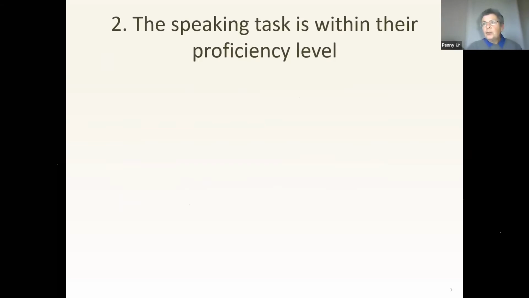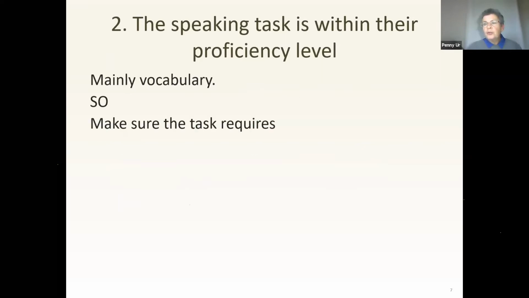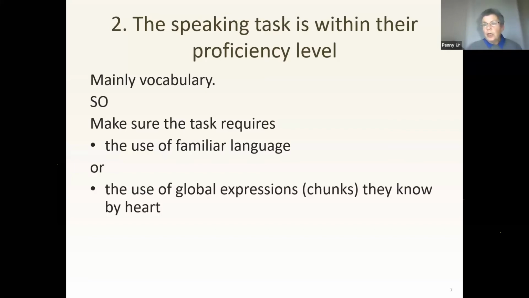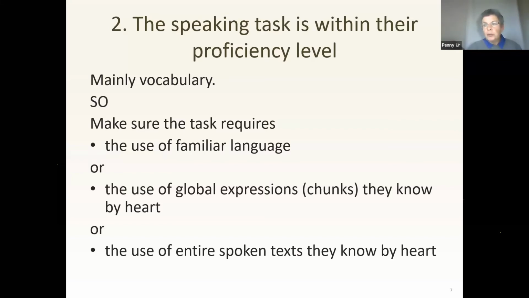I talked about proficiency level, mainly vocabulary. So we need to make sure the task requires the use of language they know, or the use of global expressions they've learned by heart, and I'll give you some examples later, or even the use of entire spoken text they know by heart, and again, I'll give examples.